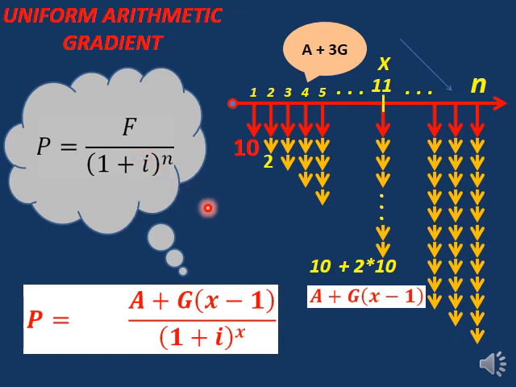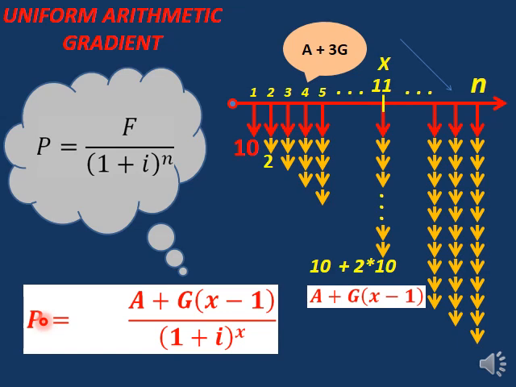In our cash flow, what we have is the single payment A plus G times x minus 1. Then, in order for us to determine its equivalent payment now, we divide it by this factor. Dividing it by this factor, we get the present worth equivalent of that cash flow.